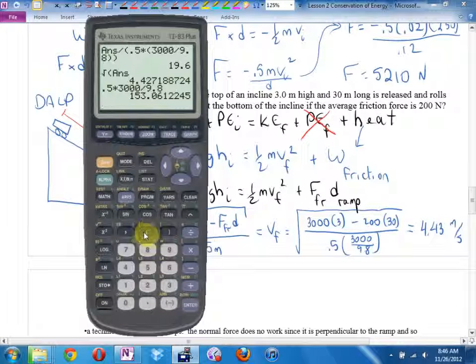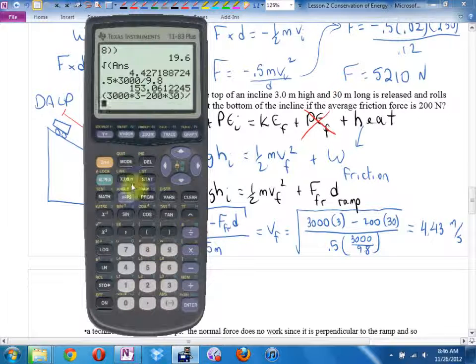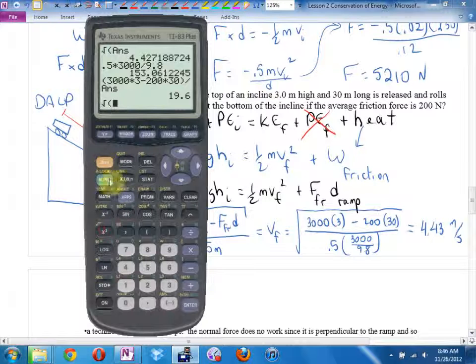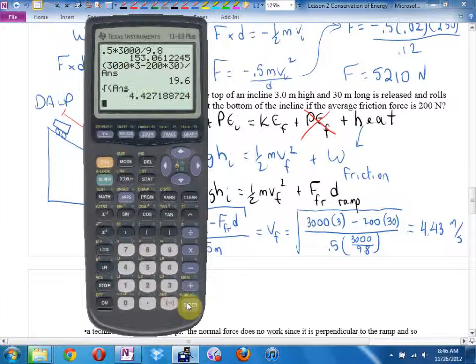Then here's the top: 3,000 times 3 minus 200 times 30. Close off the top, divide by the answer for the bottom, and then square root that. It gets you there.